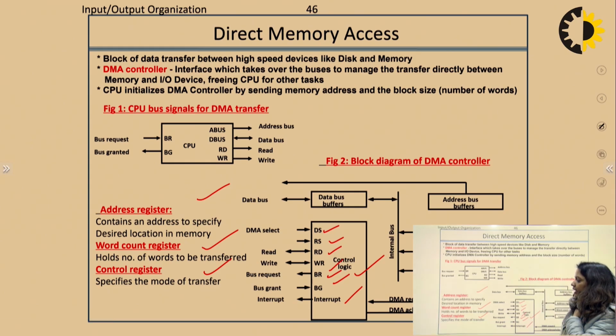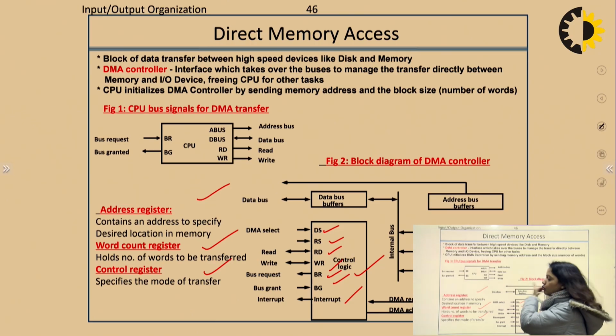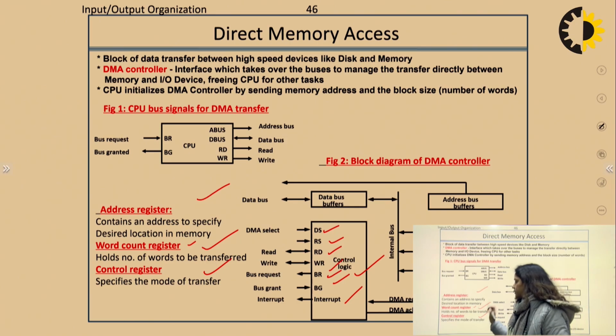It contains the address to specify the desired location in the memory, where we need to put the data, or from where we need to get the data. Now another is the word count register that holds how many words. So to calculate the number of words being transferred between the memory and the input and output devices, that count needs to be stored in the word count register.